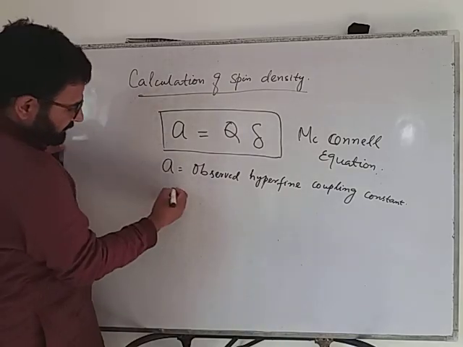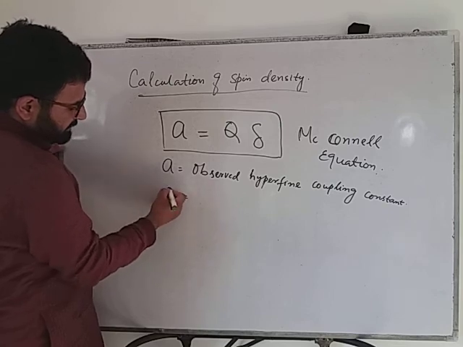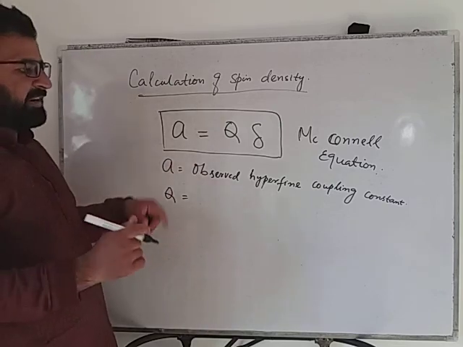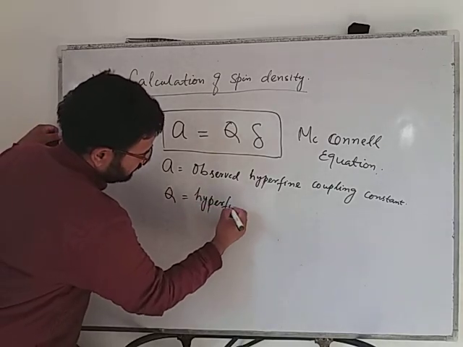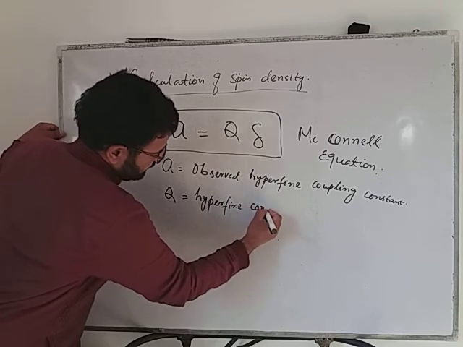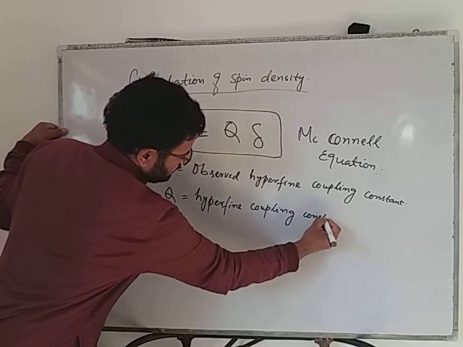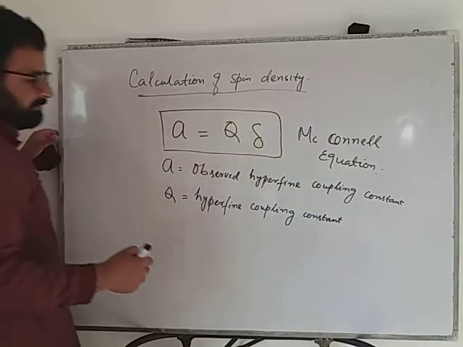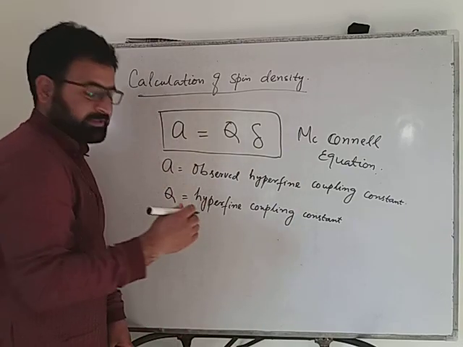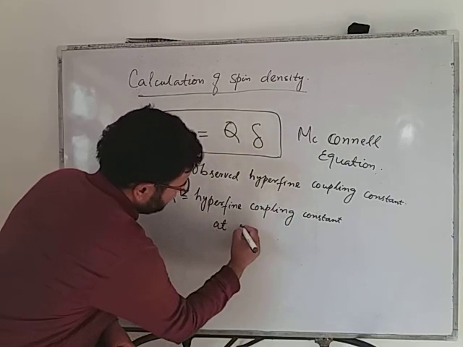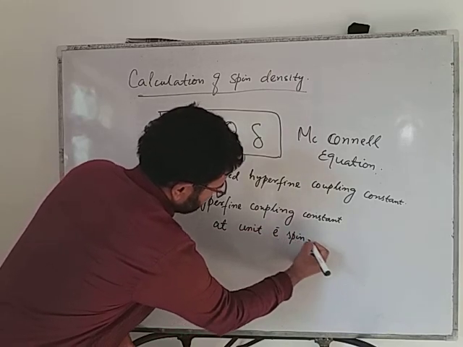Okay, and then we have another term Q. Q is also of the same nature. It is also a hyperfine coupling constant, but at unit electron spin density.